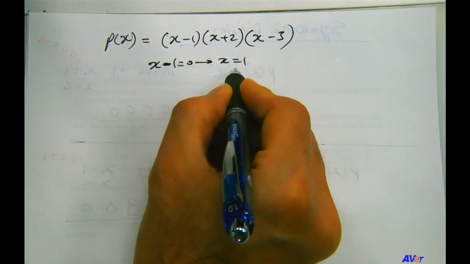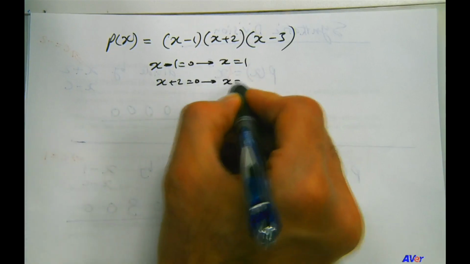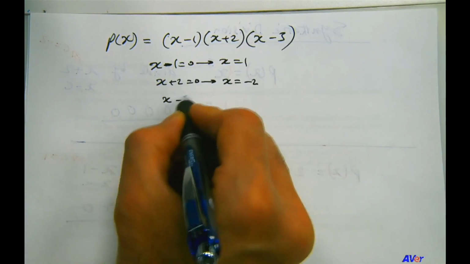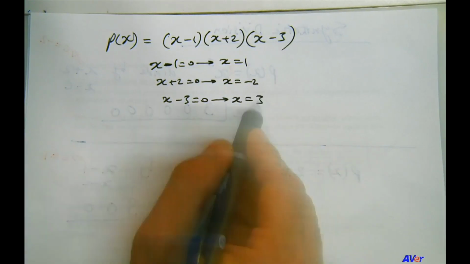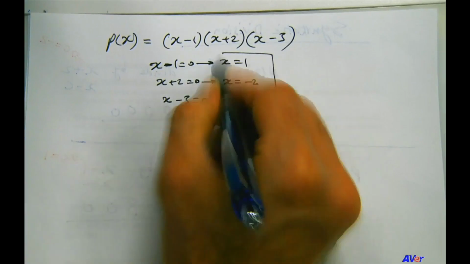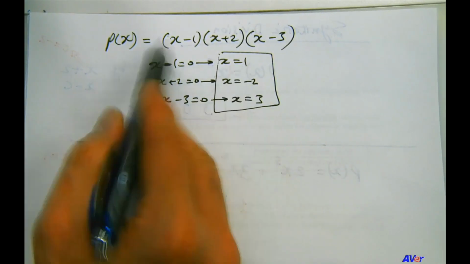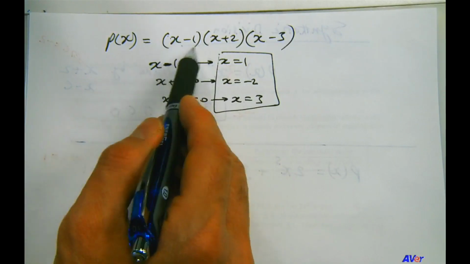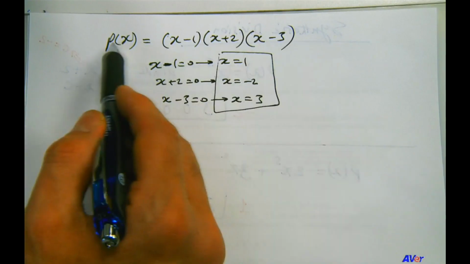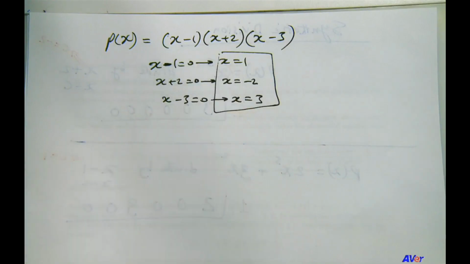We found where the zeros were. So all these are the zeros of the polynomial. If you plug these values into each factor, you get that factor to become equal to 0, and the whole polynomial will equal 0 at those x values.